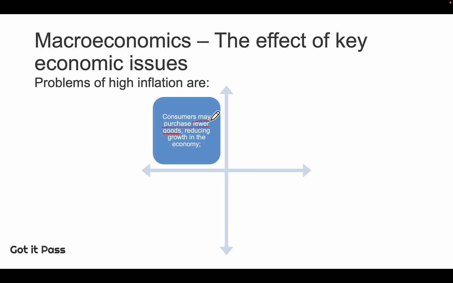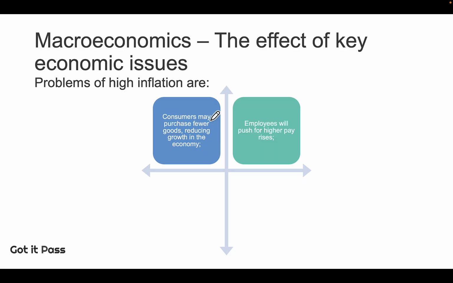Because the prices rise, they would like to keep some cash to buy some important goods. They will have to consider whether they need to buy a good now or not. So it reduces the growth in the economy because they may reduce their purchases.